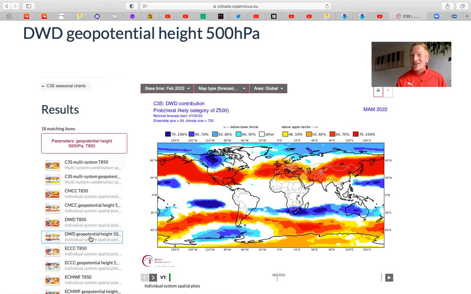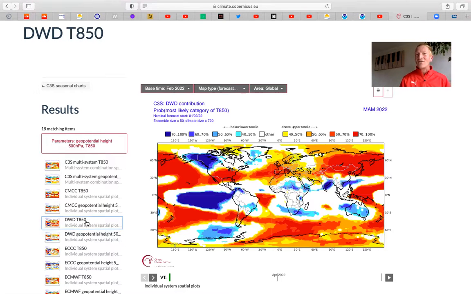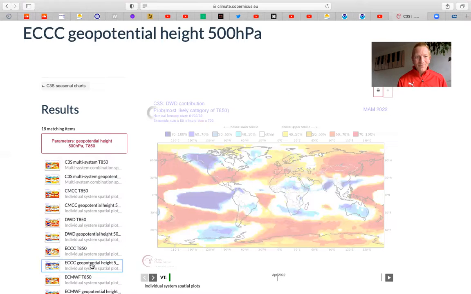The jet stream is way to the north, and you can see that with the blue colours, north of Iceland and Scandinavia. What about the upper air temperatures, the 850 hPa temperatures? They look mild. So DWD is going for a warm and a fairly dry spring. That's our first model. Let's have a little look at the ECM.